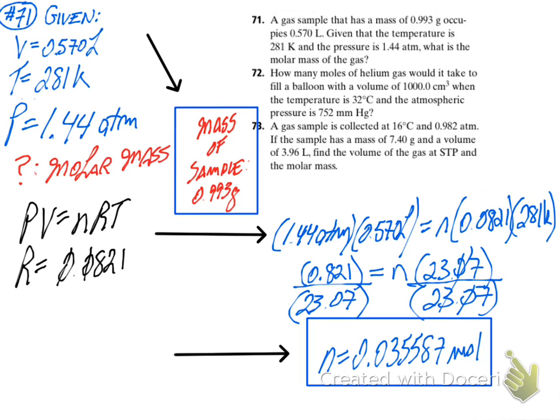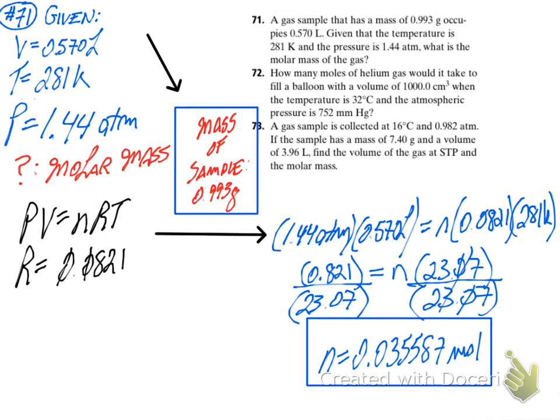And I know that molar mass is essentially grams divided by moles. So if I simply, you guessed it, divide the mass of the sample by the number of moles of the sample, I'm going to come away with the molar mass of this particular gas.